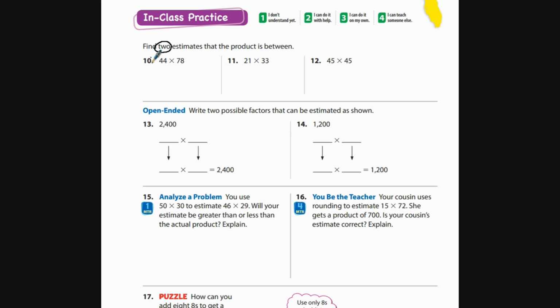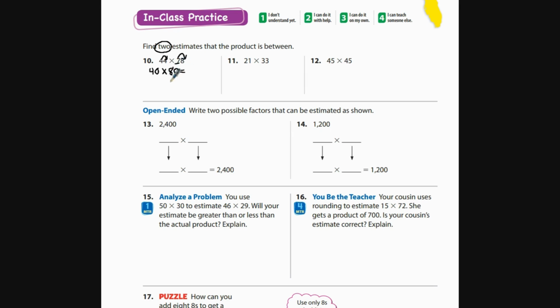Let's take a look at number 10, right? 44. Let's round to the nearest 10. 44 rounds off to 40. Remember, you look at the 4. 4 or less, let him rest. Okay, times. Look at the 8 again. 5 or more, raise the score. Remember, raise the score, and the 7 becomes an 8.